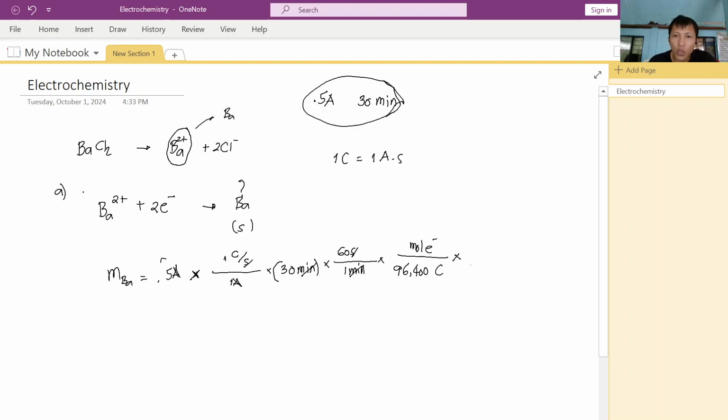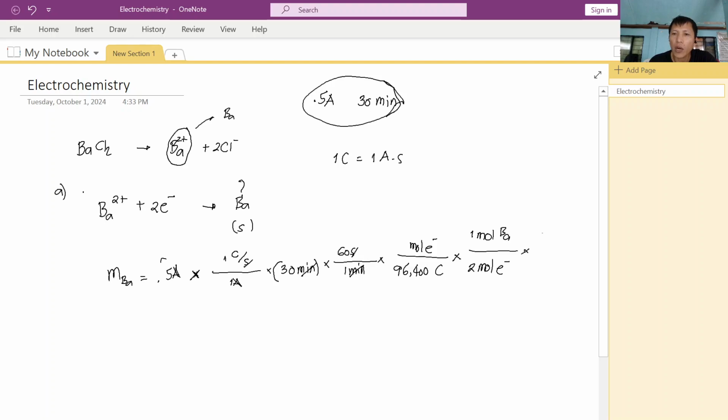There are two. This is a stoichiometric ratio: 2 moles of electrons per 1 mole of barium, 1 mole of barium metal. So this is from your stoichiometry, the accounting of your elements or compounds. Barium, so we're talking about a solid now. We already have the mole of barium.